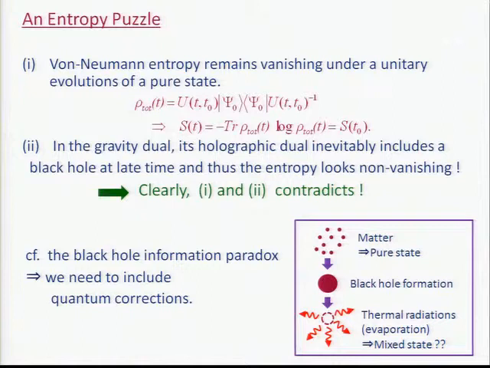The von Neumann entropy always takes the same value if we assume unitary time evolution. The density matrix evolves by a unitary matrix, following the von Neumann equation, so the entropy stays the same value. If we start with a pure state, then it ends up again with a pure state. That means the entropy is always vanishing.